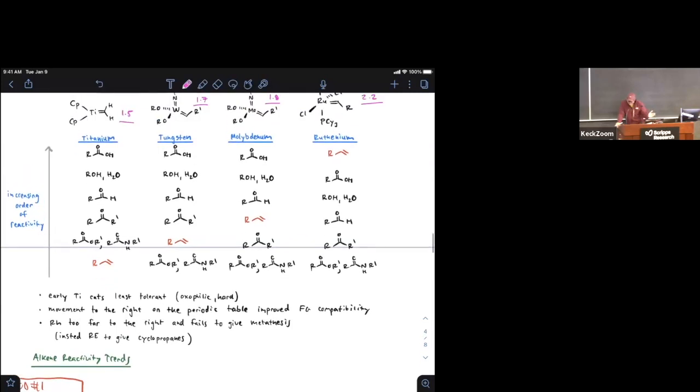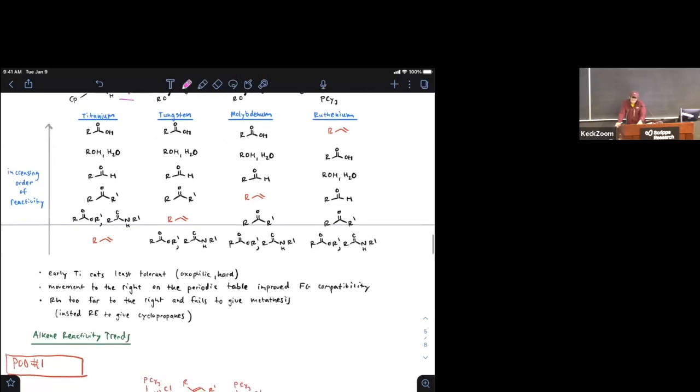So the general trend is that as you move to the right of the periodic table, the functional group compatibility improves, but there's a theoretical limit as you get to rhodium, because once you hit rhodium, you can't go any further as you start getting competitive C-C reductive elimination from the metallacyclobutane.